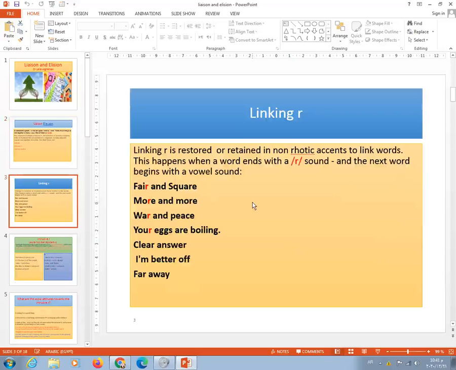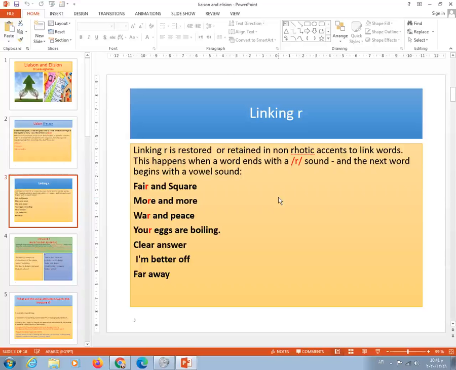You will find this in British English, especially RP, because it's a non-rhotic accent, and they drop the R after vowels. But in certain positions, you will find that they retain R and keep it. They do not drop it.